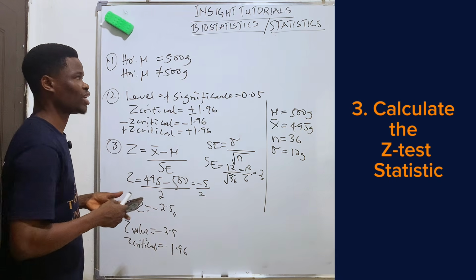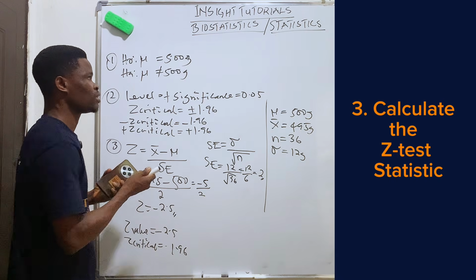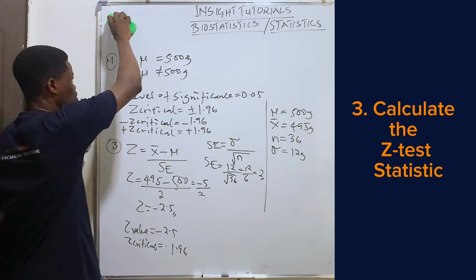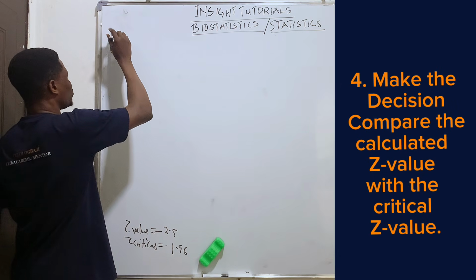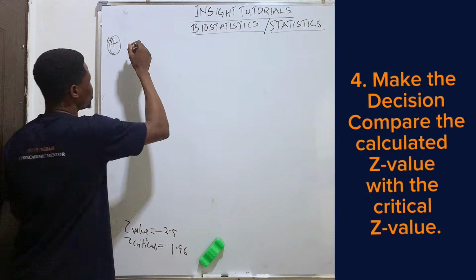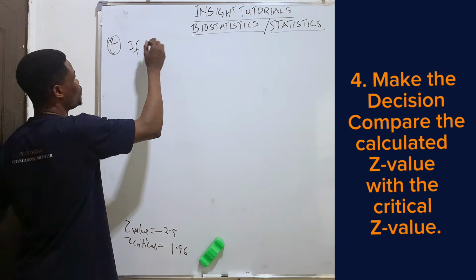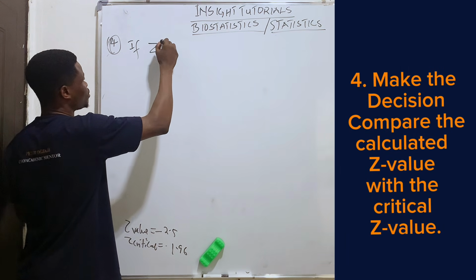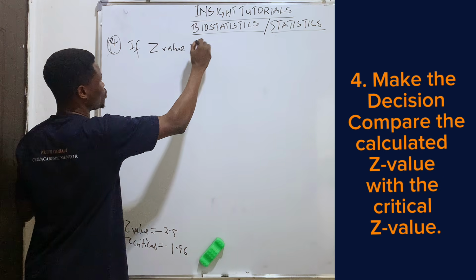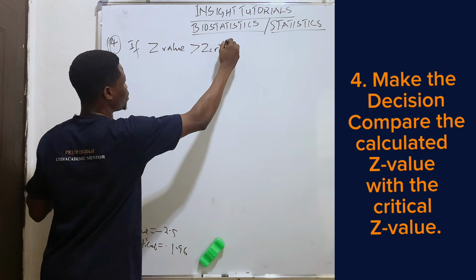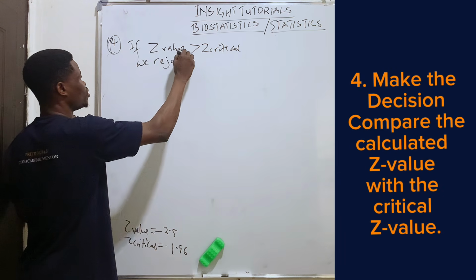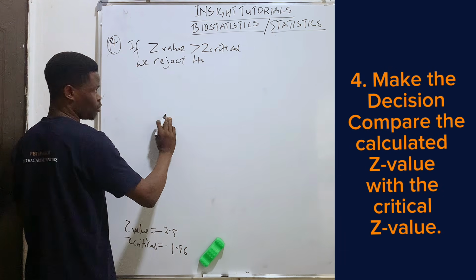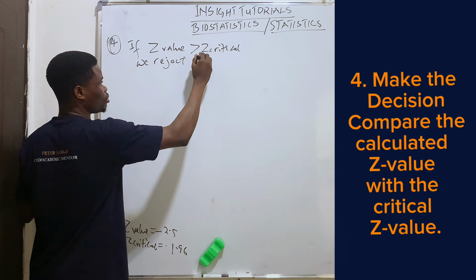And there are general rules that help us to make a decision in the Z test. Let me make space here. So we have number 4, and number 4 says that if the Z value is greater than the Z critical, we reject the null hypothesis, which is H0.